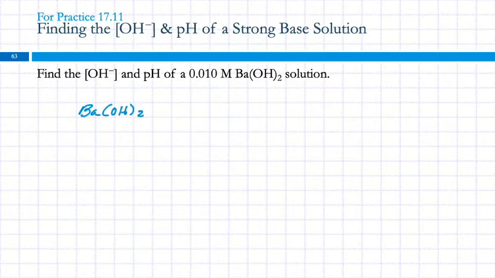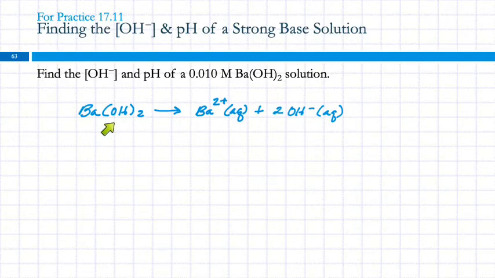So barium hydroxide, this is a strong base. It's going to ionize completely. It's going to give us barium ions and hydroxide ions. How many hydroxide ions am I going to get? 2. I'm going to get 2 hydroxide ions for every 1 mole of the base.